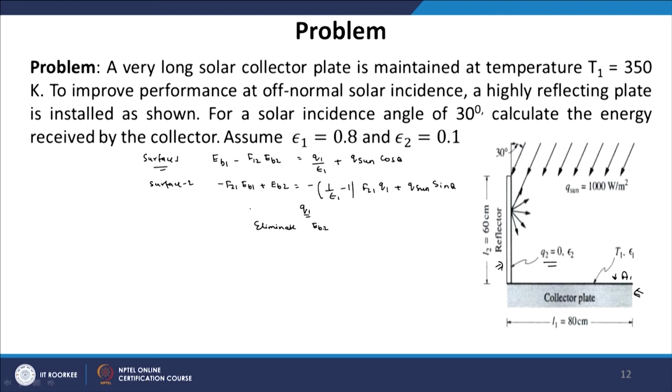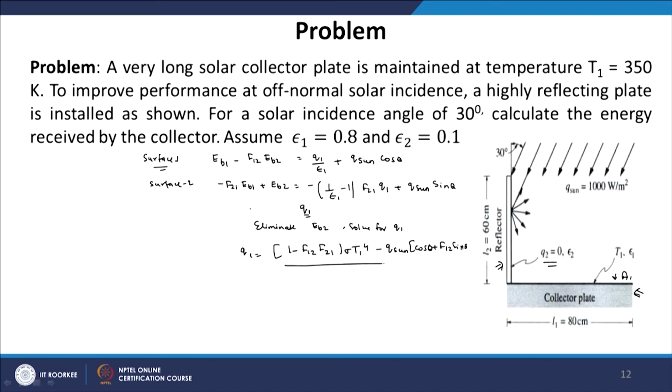So, we eliminate the variable EB2 from this equation and we solve for Q1. So, we get Q1 is equal to 1 minus F12 F21 Q sun (cos theta plus F12 sin theta).